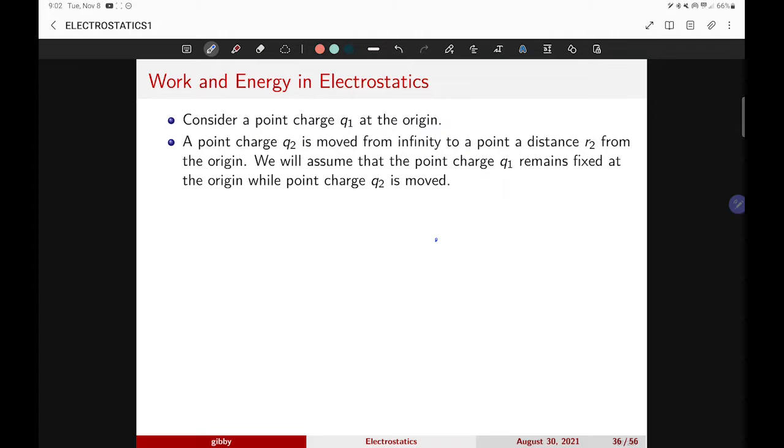So if you have your Q1, so this is at the origin, and if I have Q2, say this is from infinity nga distance, gimove na ko siya at a distance padulong diha. So na diri ang Q2. And this is a distance.